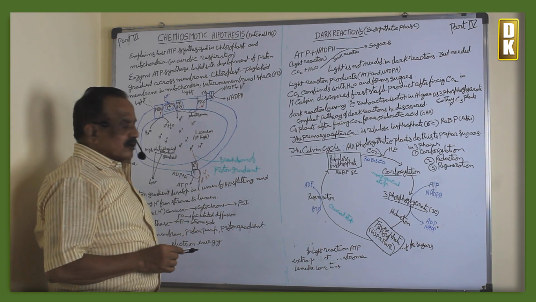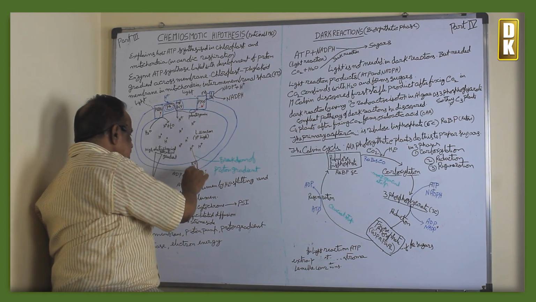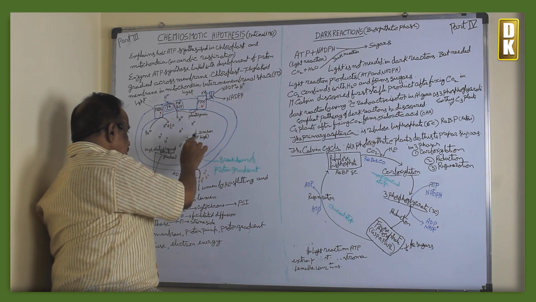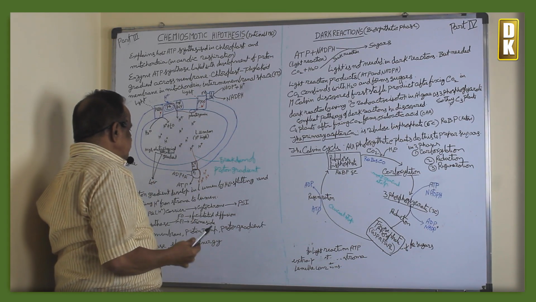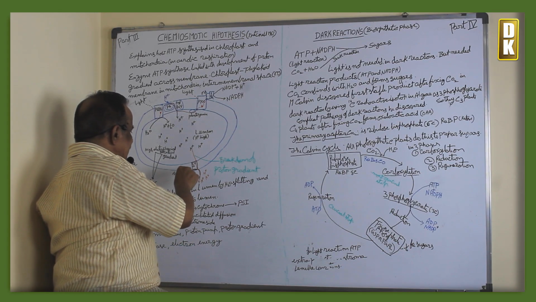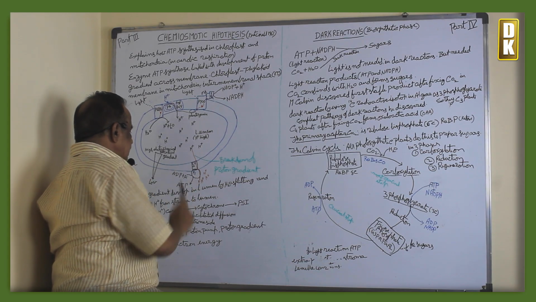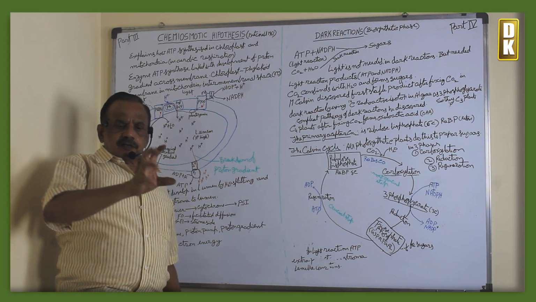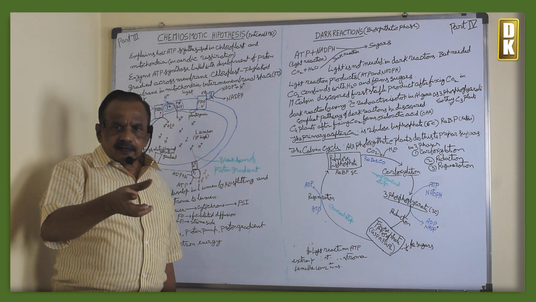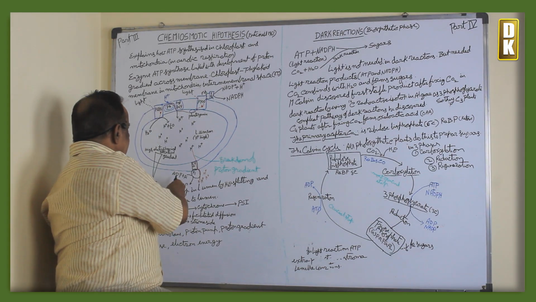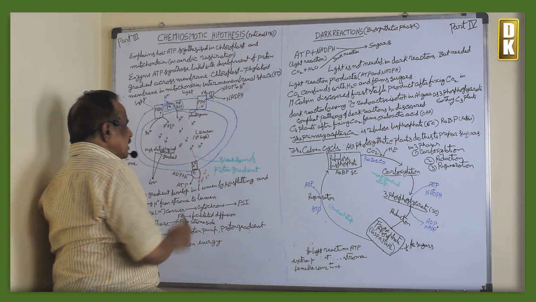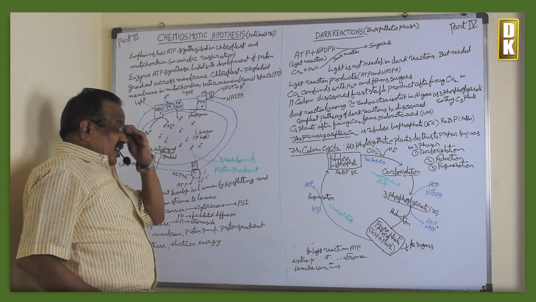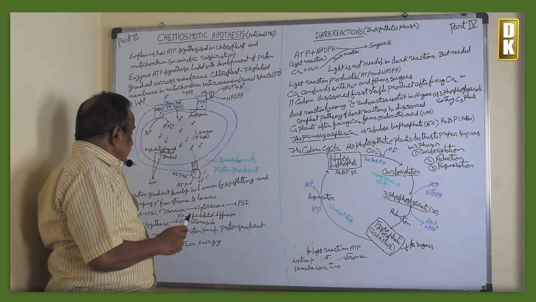Why am I telling that? When the protons are coming from the lumen to the stroma with force, it will turn the F1 particle like this, and whenever it is turning, the ADP plus phosphate will become ATP.